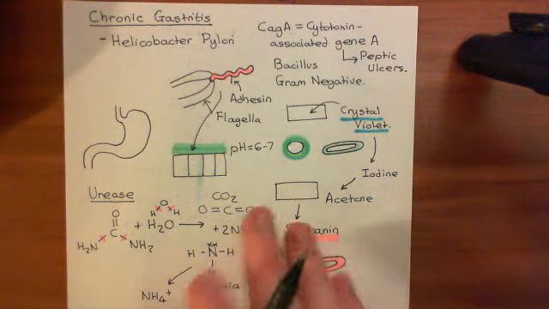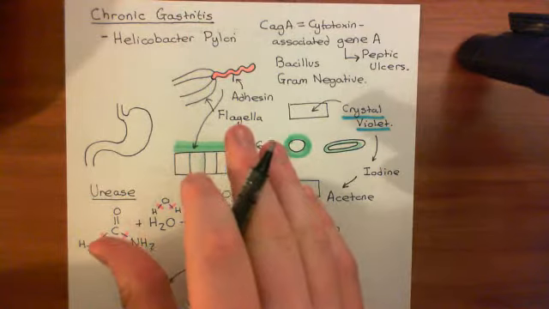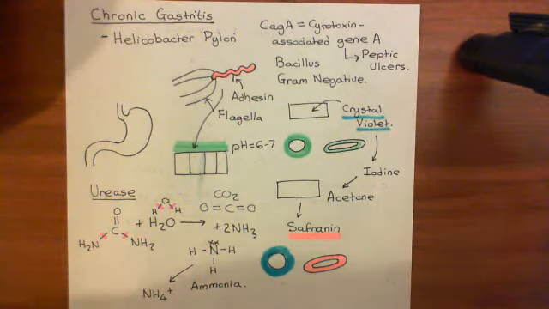Basically, the stomach's response is, how are we going to eradicate this? Firstly, we'll bring in the immune system, but also, how do we usually eradicate bacteria from the stomach? We usually use hydrochloric acid. So the stomach's response is, let's secrete more hydrochloric acid, let's burn these bacteria out.